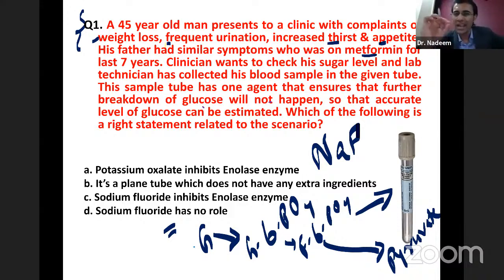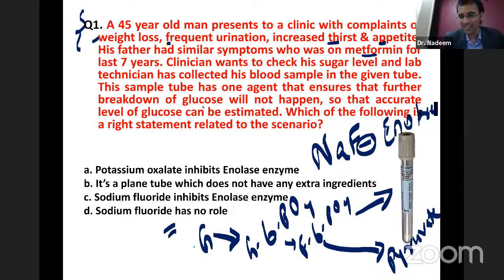So just before phosphoenol pyruvate, sodium fluoride is going to block the enolase enzyme, so that there should not be complete breakdown of glucose, and I can get the accurate level of glucose. So please understand that one thing is sodium fluoride, which is added in this tube, and one more thing is there which works as an anticoagulant.